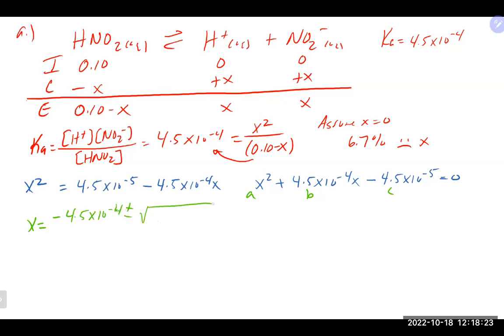when you put all the numbers into the square root, I believe you end up with 0.000180, for which you take a square root of that and end up with 0.0134. That will all be divided by 2a, which in this case is 2 times 1, which gives us 2.